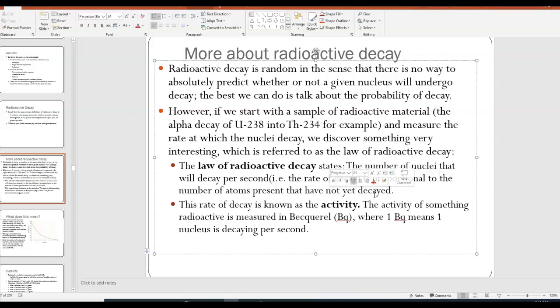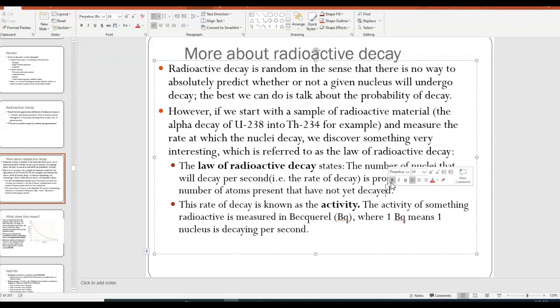Now, what that means basically is if you have a sample of something that's radioactive, the more atoms that have not yet decayed, the faster the decay is going to happen. In other words, how quickly those atoms decay into something else depends on how many have not yet decayed. So if we have a rock that's 100% uranium-238, at the beginning when it's all uranium-238, it's going to be decaying very quickly.